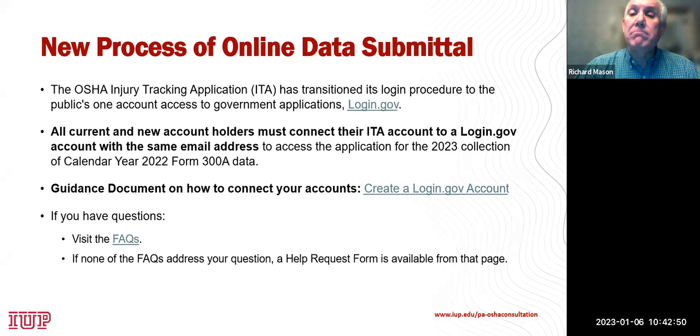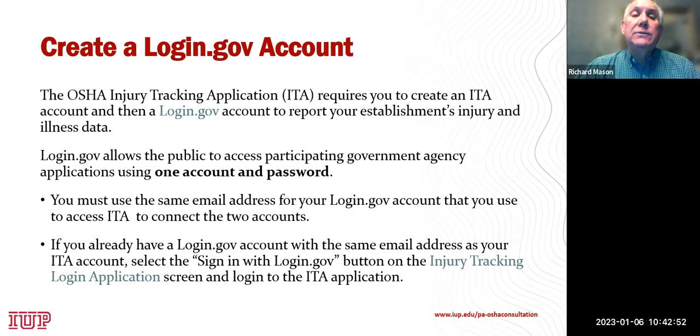Okay, so create a login.gov account. The OSHA injury tracking is requiring you to do this for 2023 with your 2022 data. Login.gov allows the public to access participating government applications using one account for all included governmental agency applications.